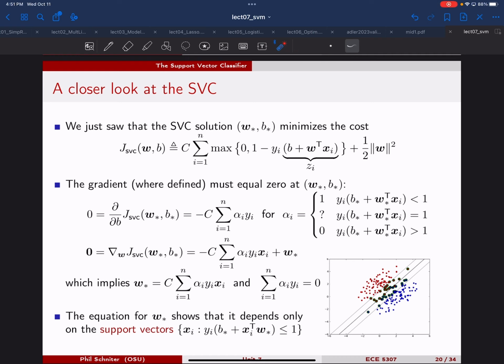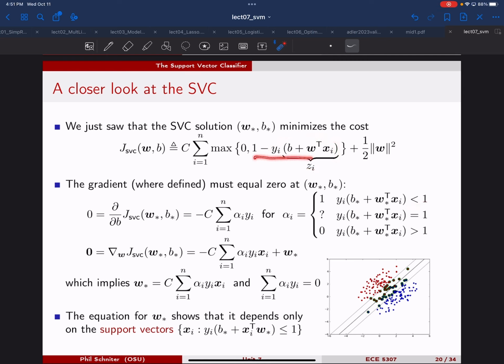The first thing we can try is to take the derivative of this with respect to b and set that to 0. It's a little bit complicated by this max function, so let's consider some different scenarios. First, what if this term here is strictly less than 1?